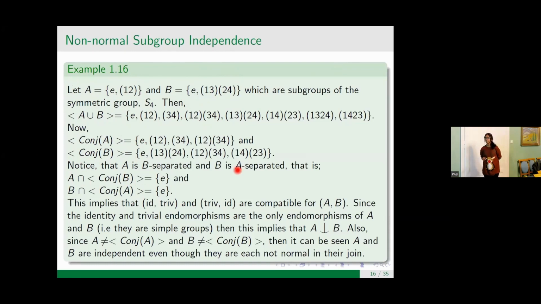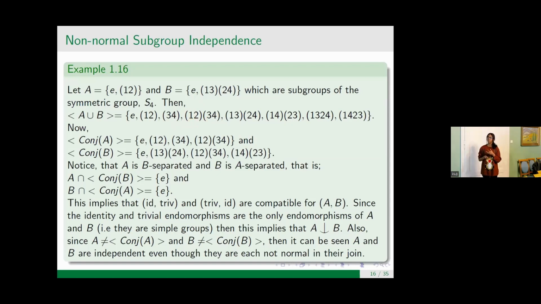However, A intersect this conjugate influence of B is the identity, or it's only what it must be, and similarly for B intersect the conjugate influence of A. So this means that identity triv and triv identity are compatible. They're both compatible for A and B. Since these groups are very small and these are the only homomorphisms present, this means in fact that A is independent to B, even though A is not normal in the join and B is not normal in the join. So these are two subgroups that are non-normal in their join, yet they are independent.